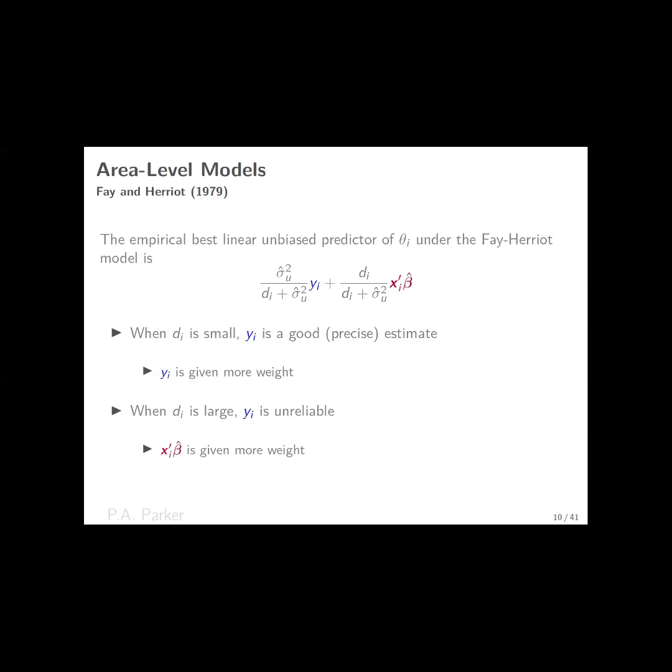And so this is a nice property because we like the properties of our design-based estimator, our direct estimator, when the sample size is large or when the variance is small. And so we're giving more weight to that when that occurs. You can also assess this visually, which I'll show an example of later.